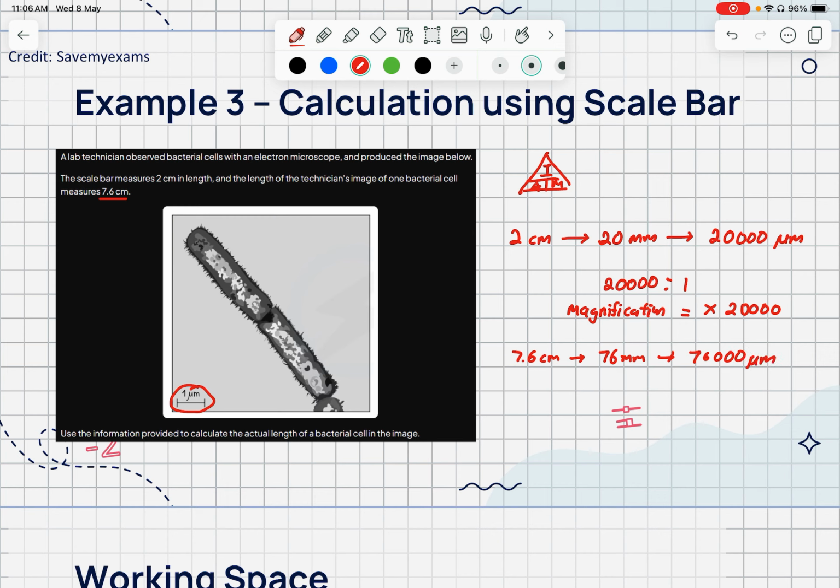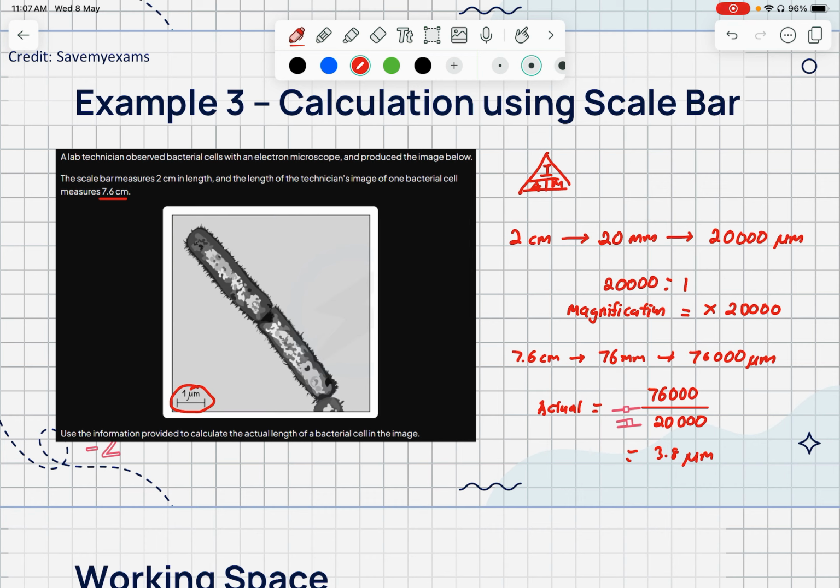You use the actual size formula, which is image divided by magnification. The image is 76,000 micrometers, and you divide by the magnification of 20,000, and you will get your actual length, which is 3.8 micrometers. So the actual length of that bacteria is 3.8 micrometers, which is super duper small.